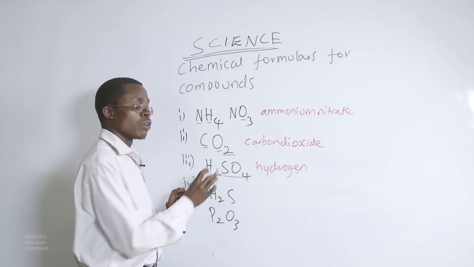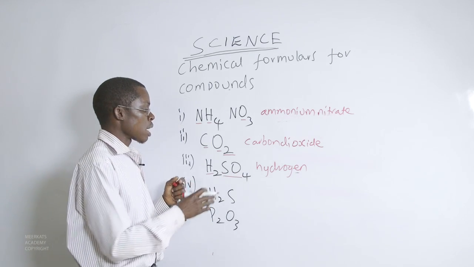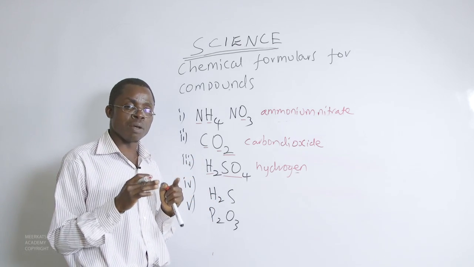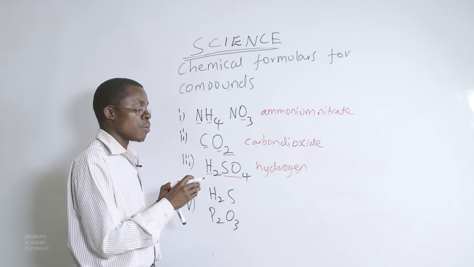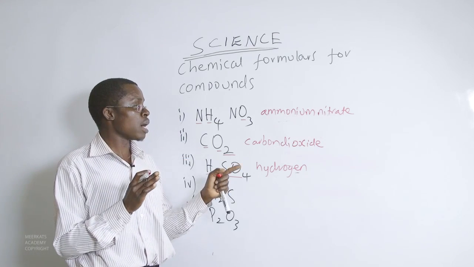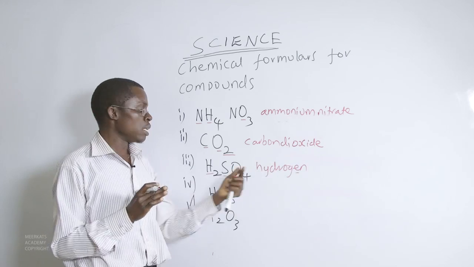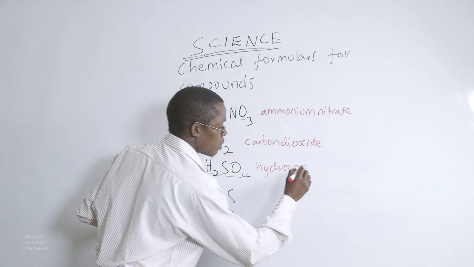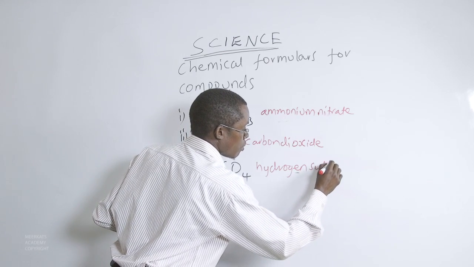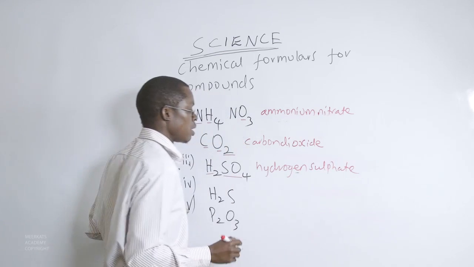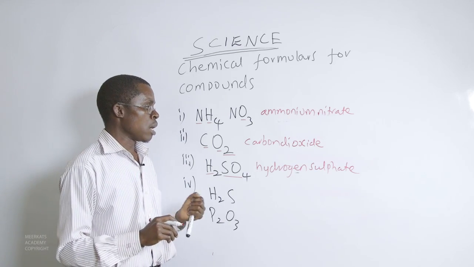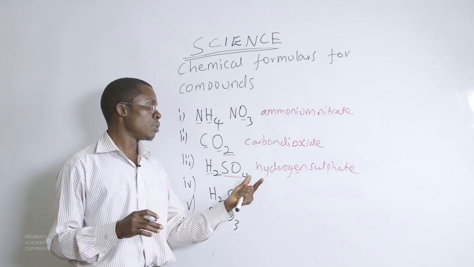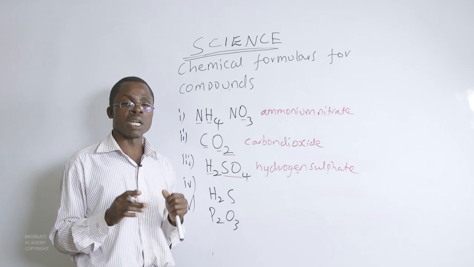Fortunately, it is not an element. So being a radical, you just carry the whole name and put it there. If it were an element, then we would follow the rules by taking part of it, then we add IDE. This is a radical, so the whole of it by the name sulfate: hydrogen sulfate. Hydrogen sulfate will always be called that way if it is in a gaseous state.